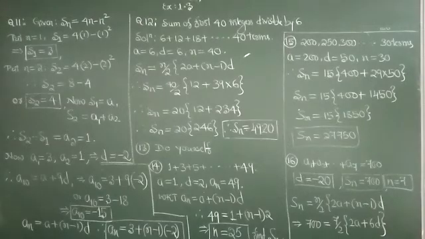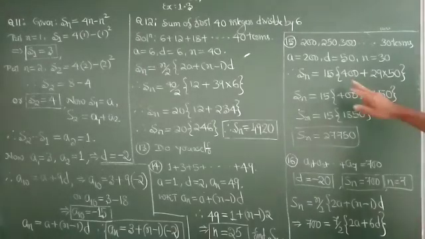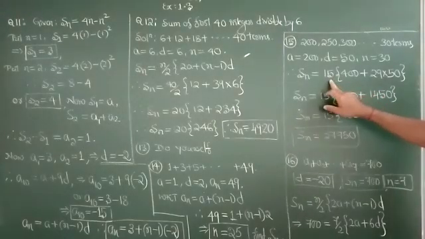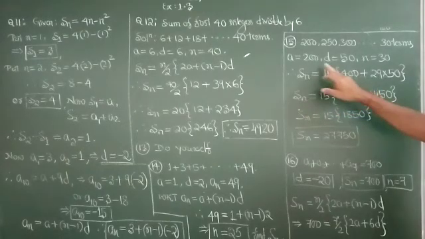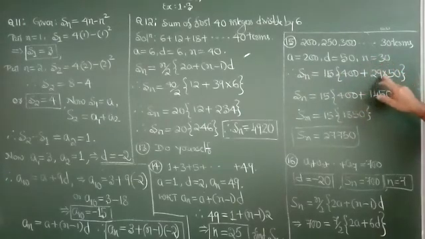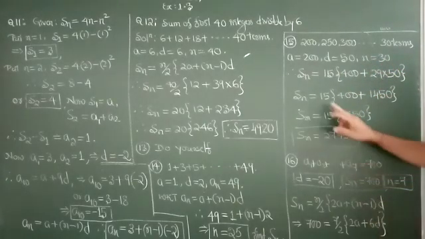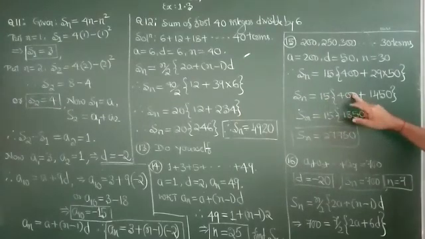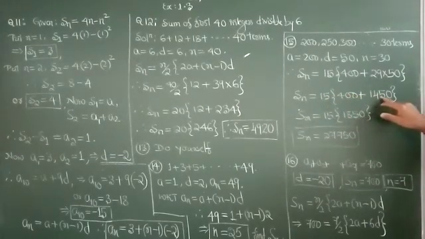Sn equal to n by 2 into 2a plus n minus 1 into d. Here also I have left 1 or 2 steps. n by 2 became 15. Directly I have taken 2a, which is 2 into 200, 400, plus n minus 1 which is 29 into 50. Sn equal to 15 into 400 plus 1450.